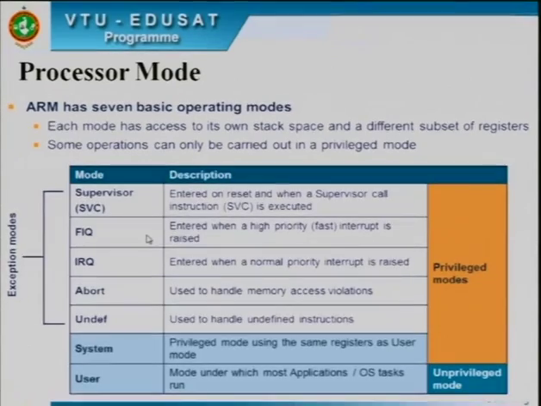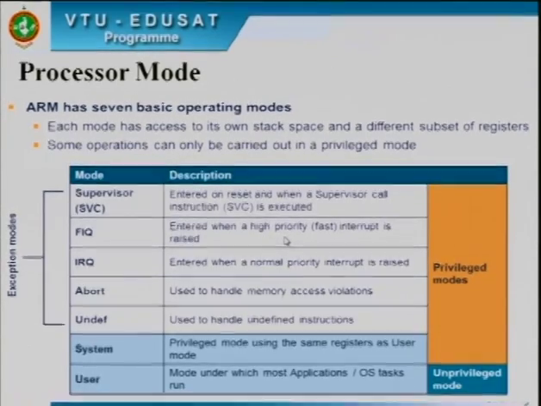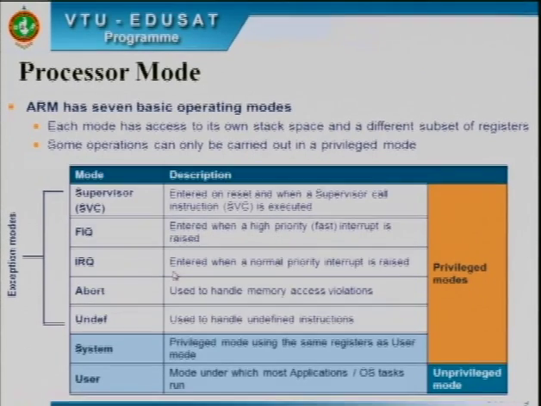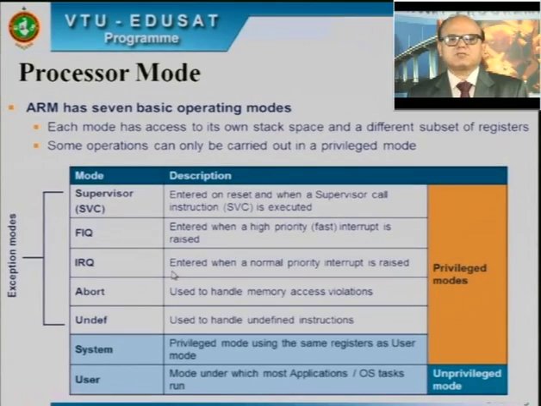The fast interrupt, having higher priority, will mask the interrupt request which normally operates in the normal interrupt request mode, or IRQ mode. So the interrupts executed in FIQ mode have high priority, and these are non-maskable when the processor is operating in the interrupt request mode, IRQ mode, the user mode, or any other mode.